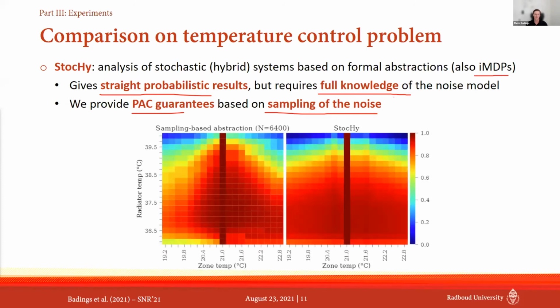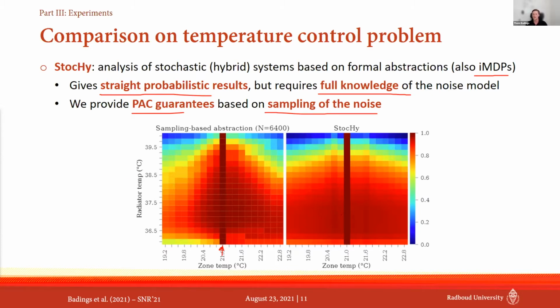We did this comparison on a simple temperature control problem, where there is a single room which needs to be heated to exactly a temperature of 21 degrees Celsius. As you can see, on the left is our method, and on the right is Stochastic. The results qualitatively look quite similar.